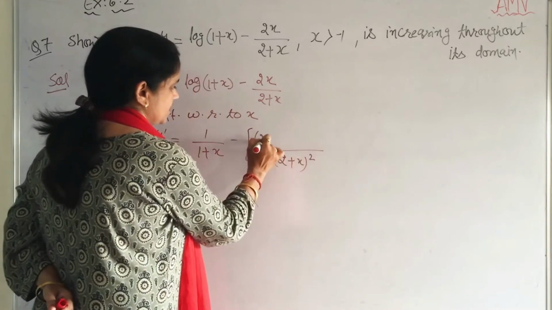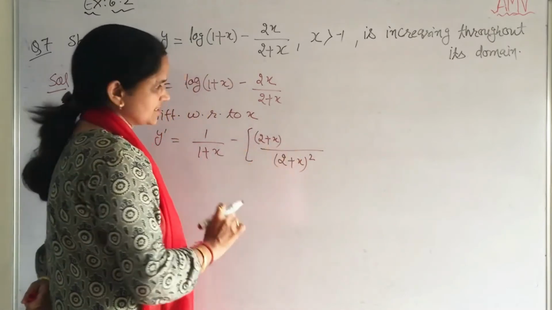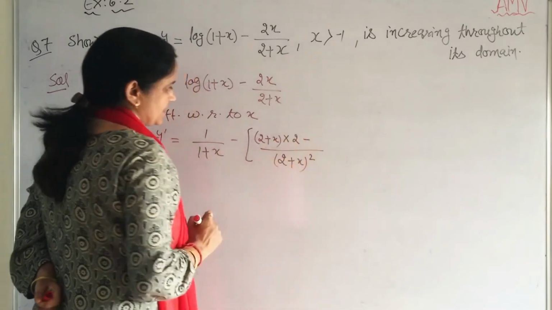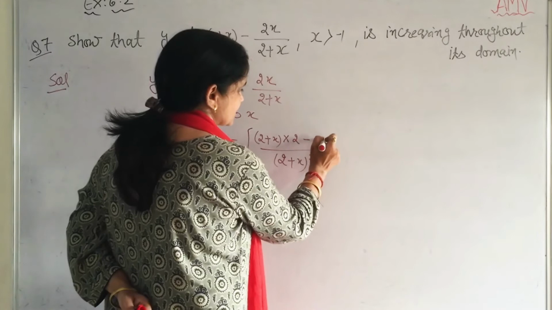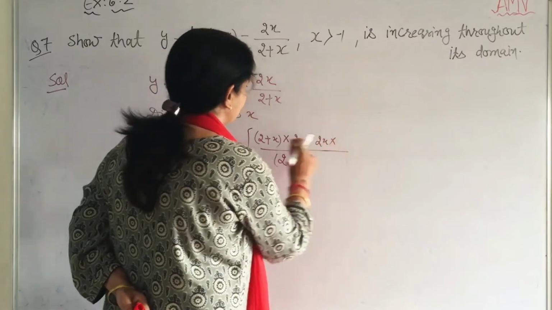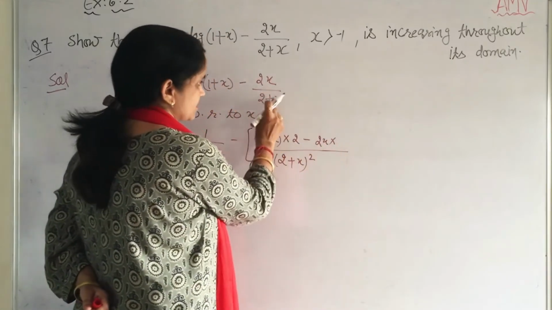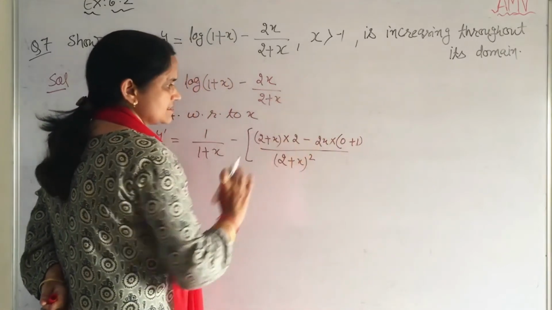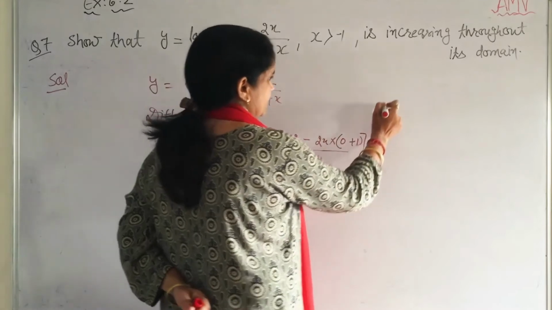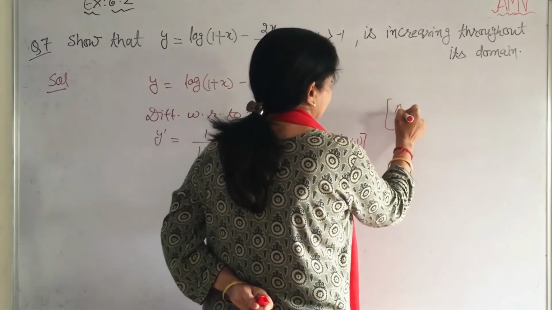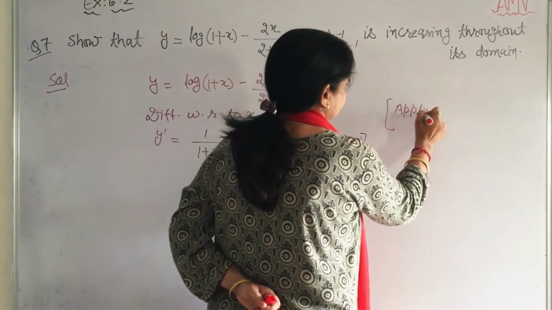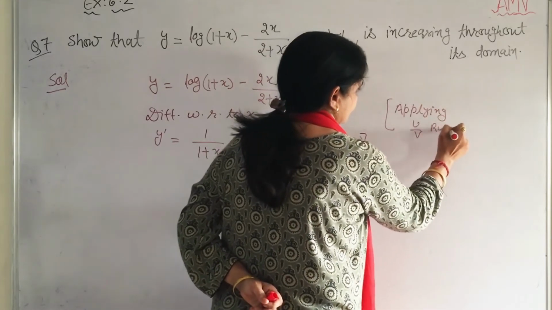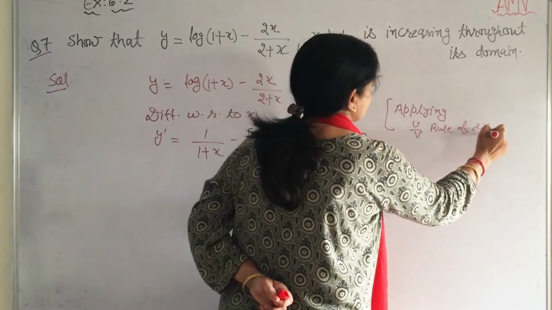Here 2 plus x is written as it is, derivative of 2x is 2, then take the minus sign. Now 2x is written as it is, and the derivative of 2 plus x: derivative of 2 is 0 and derivative of x is 1. Here mention applying u by v rule of differentiation.